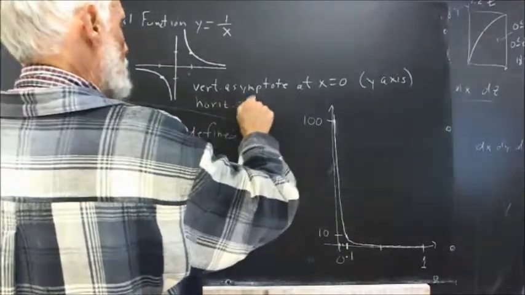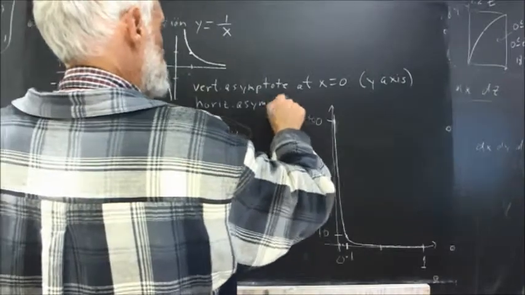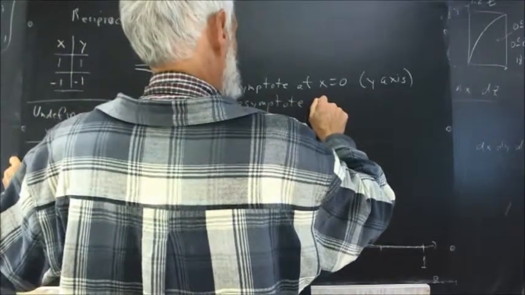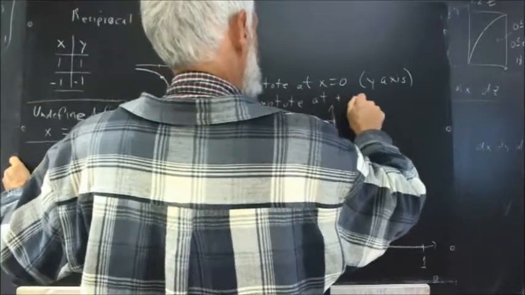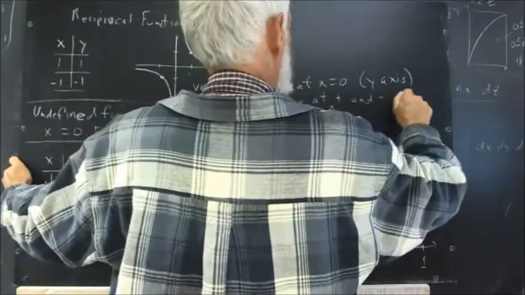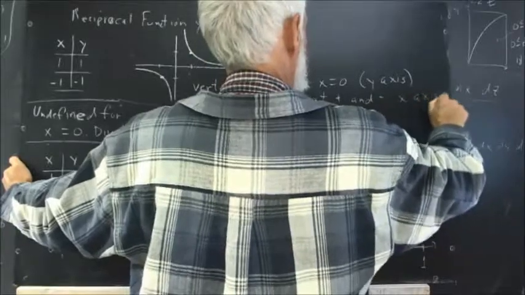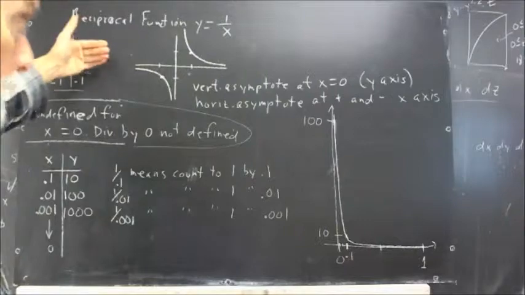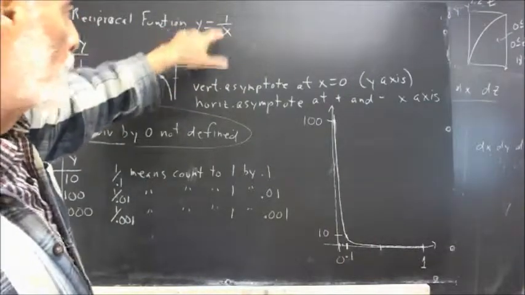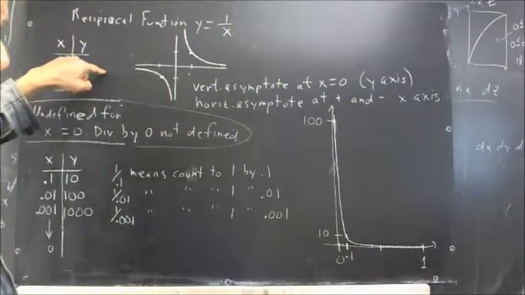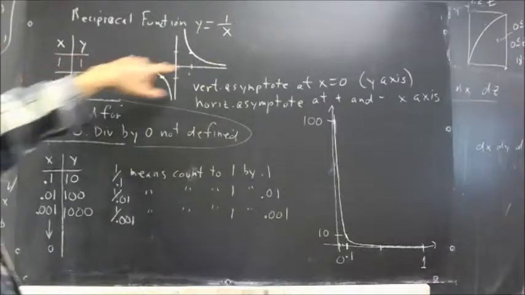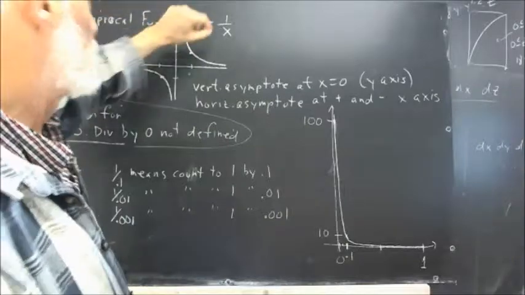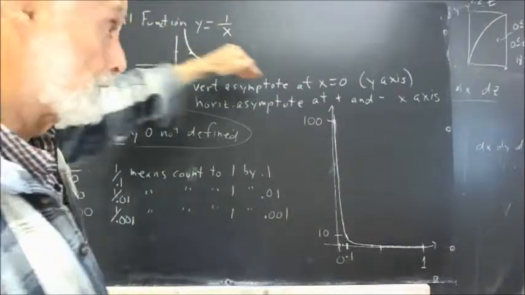Horizontal asymptote at the positive and negative x-axis. Now the horizontal asymptote on the left comes up from below, because if you divide 1 by a negative, you're going to get a negative, so the numbers are going to stay negative here. And it's going to approach from above for positive x, because as long as x is positive, 1 over x has to be positive.